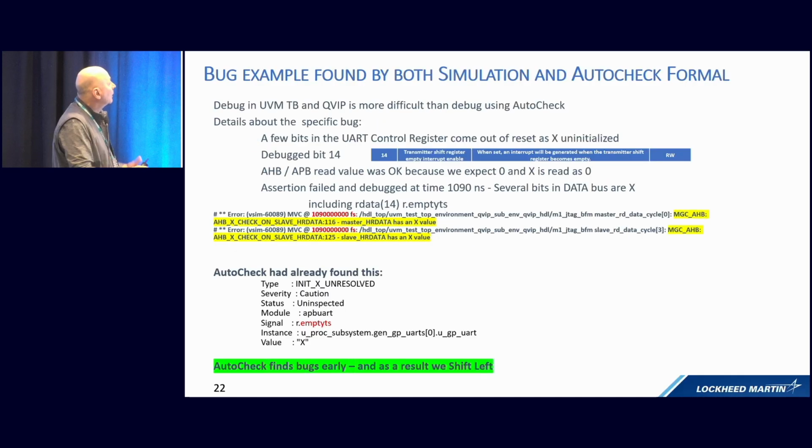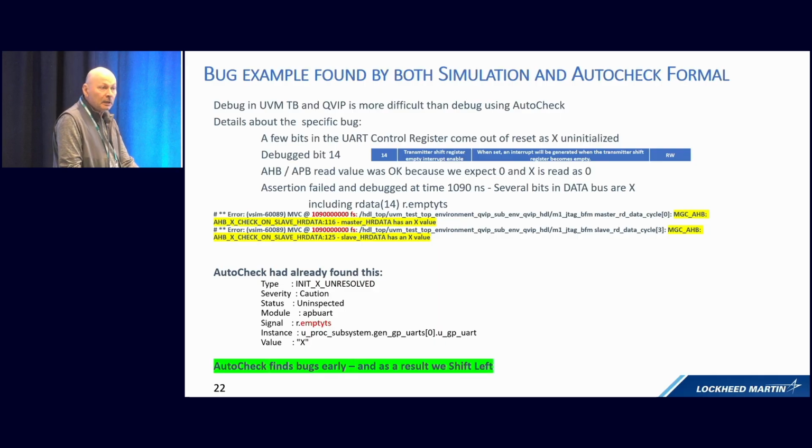These are the details of the bug, and as I was saying, I ran the AutoCheck, I put all the results in the repository, and then I found this bug later, and I said, let's look if the AutoCheck found it. What was the issue? There are a few bits in the UART control registers that were not initialized.